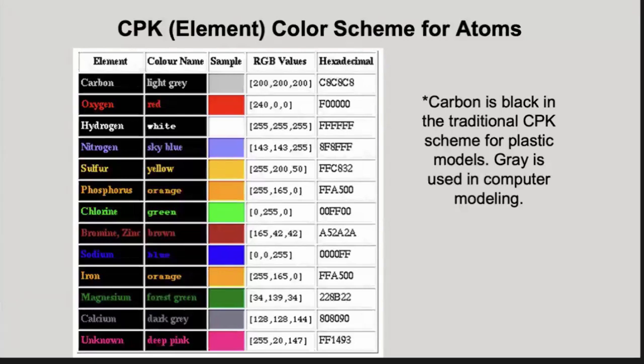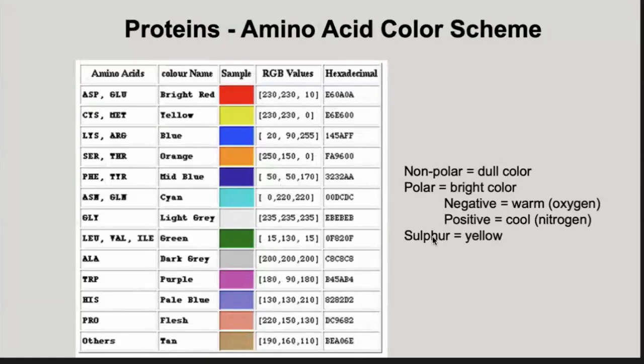Now, there's another color scheme that is used only in coloring proteins. And this is to actually assign different colors to the different amino acids present in the protein chain. Now, this usually only works if we're actually visualizing that protein chain, that amino acid chain. But there's a color scheme here to depict the different amino acids in a protein.